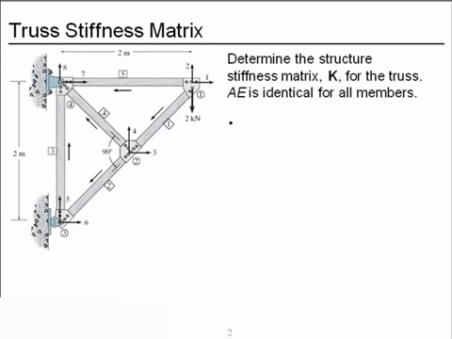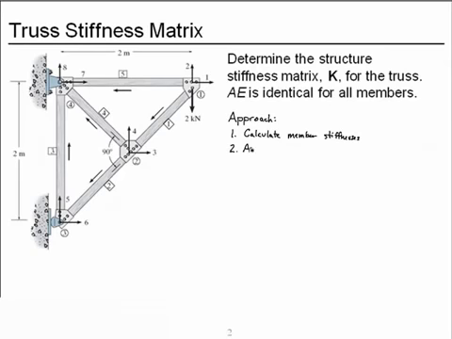And now our approach. We'll start by calculating the member stiffness for each of the 5 members. And that's done individually.